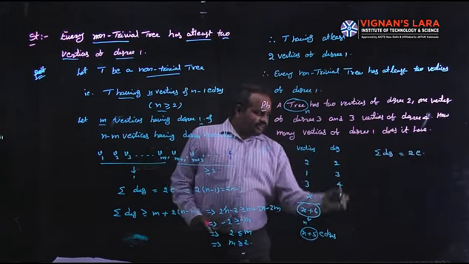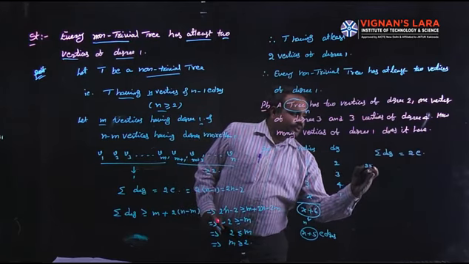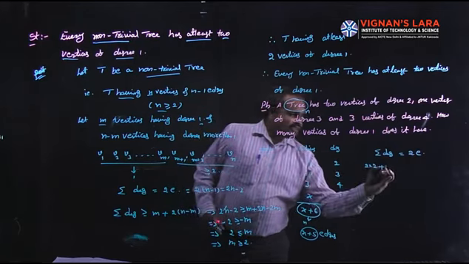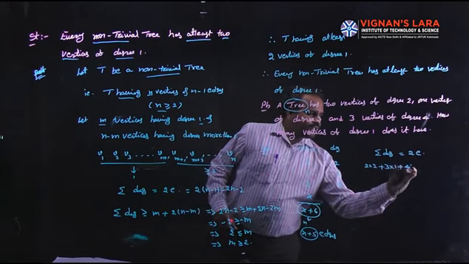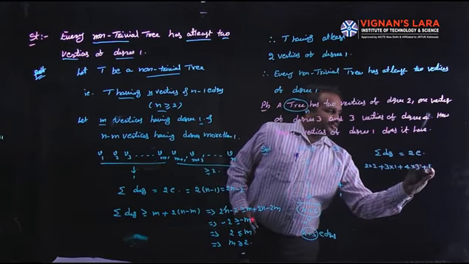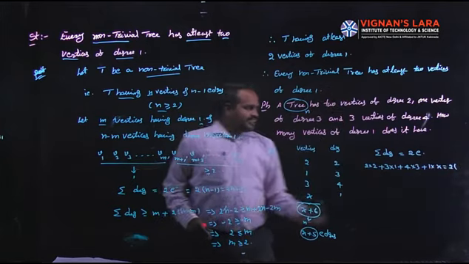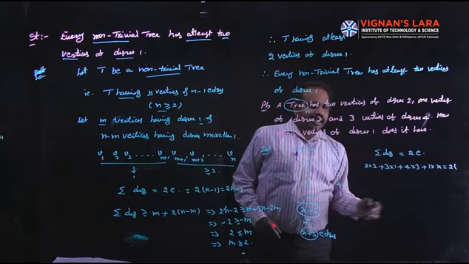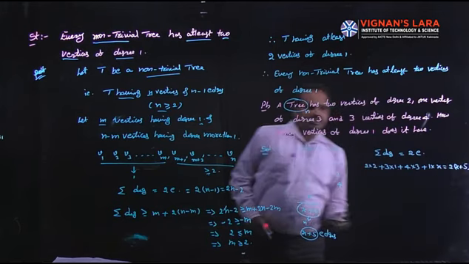So 2 into 2 plus 3 into 1 plus 4 into 3 plus 1 into x is equal to 2 times the number of edges, which is x plus 5.